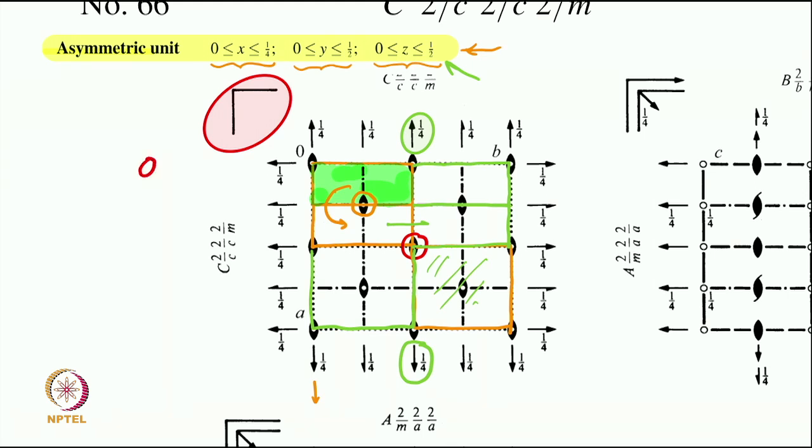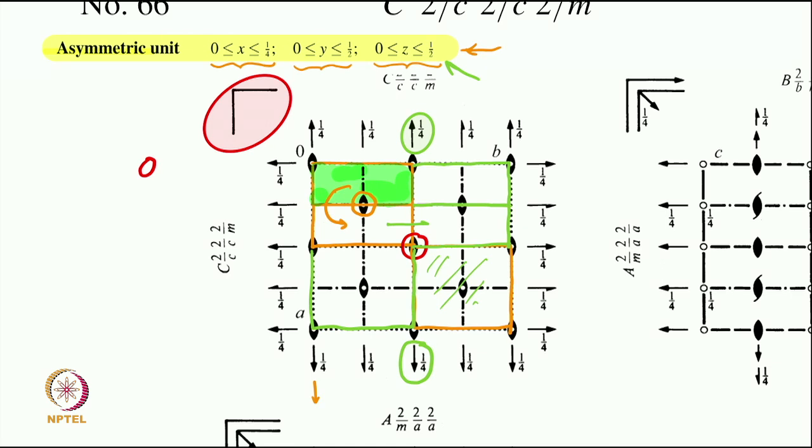So, the height is 0, but then we know from our symmetry concepts that any mirror always repeats at a distance of half the translation perpendicular to it, and the translation perpendicular to this mirror is of height c or length c.